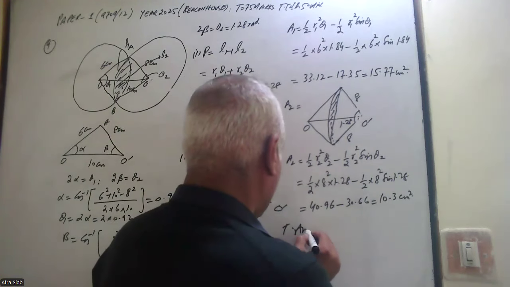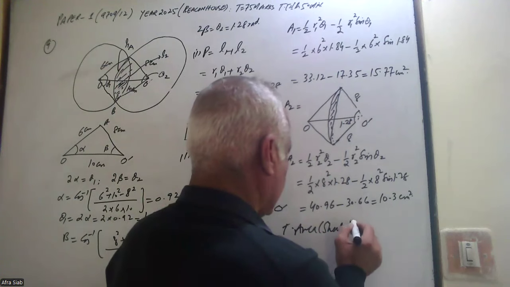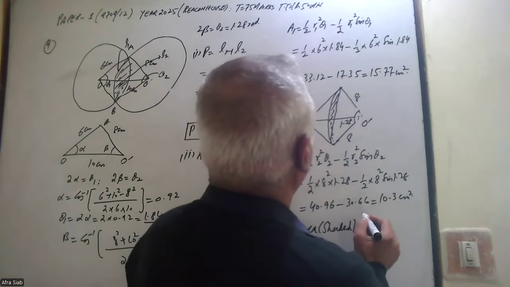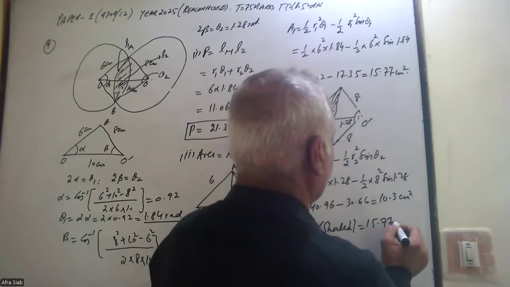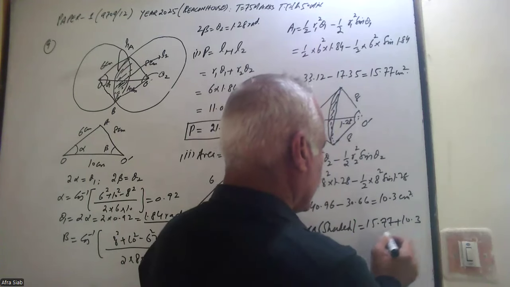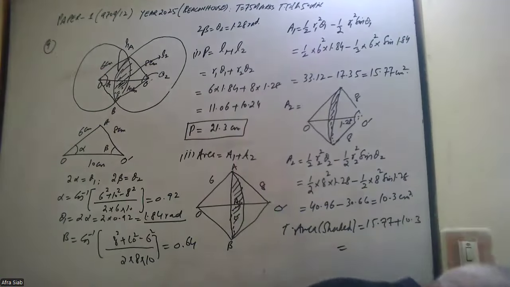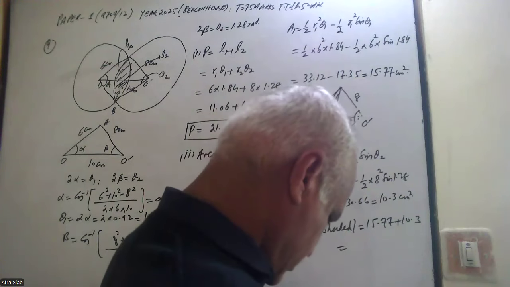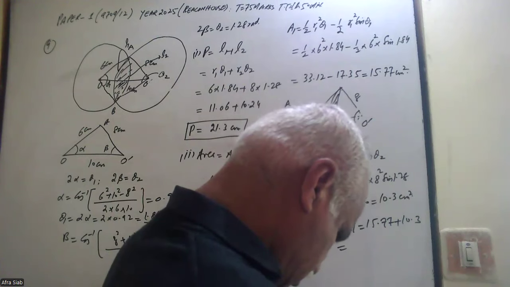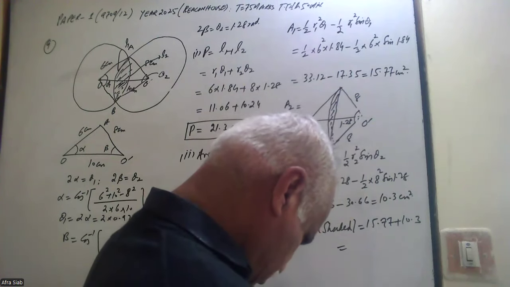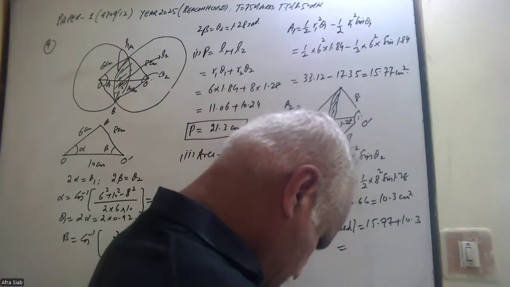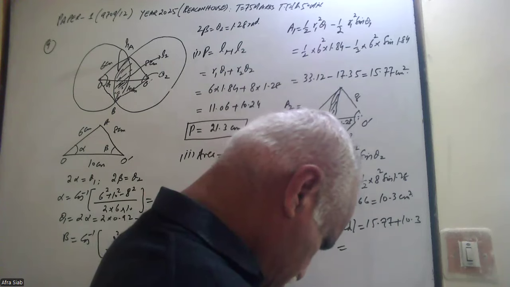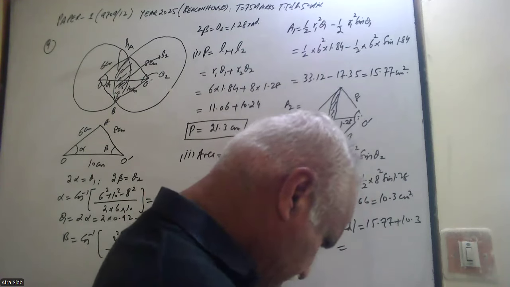So total area of shaded region is equal to A1, which is 15.77, plus A2, which is 10.3, and that is equal to 26.07.